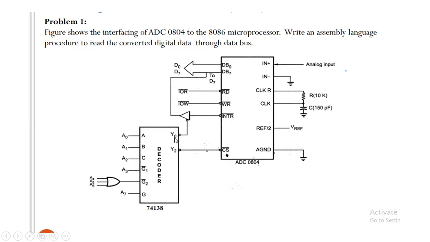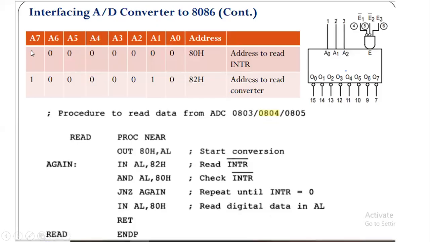And here we require Y0 and Y2. So we use A0 and A1 to differentiate Y0 and Y2. So here you can see A7 is 1, and A1 and A0 are 0, 0 and 1, 0.